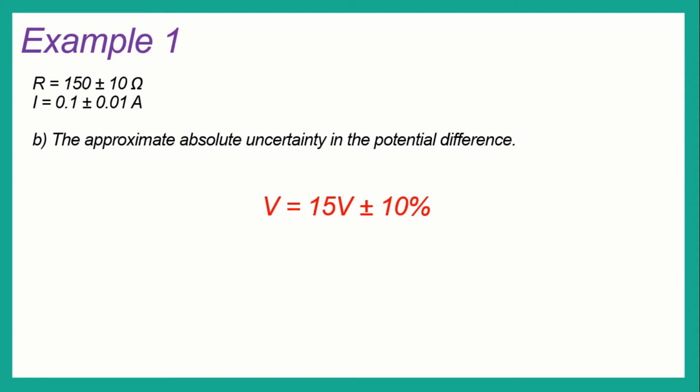It's larger than the uncertainty in the resistance, and so this becomes our overall percentage uncertainty in the voltage. And so our voltage becomes 15 volts plus or minus 10%. The question asks us for the absolute uncertainty in the potential difference, not the percentage uncertainty. And so converting back to absolute, we find 10% of the 15 volts, and we get 15 plus or minus 1.5 volts.